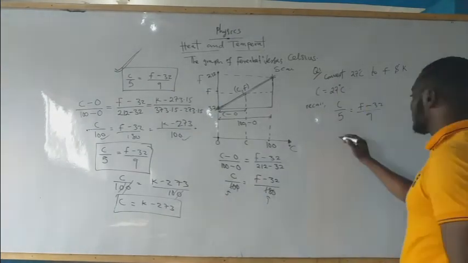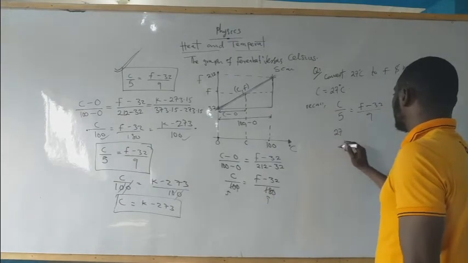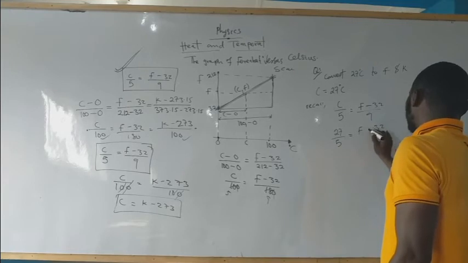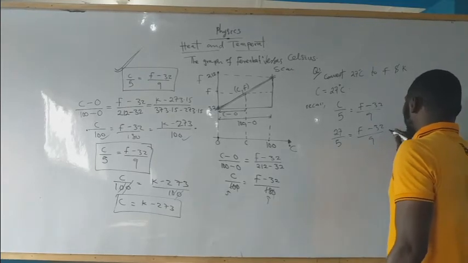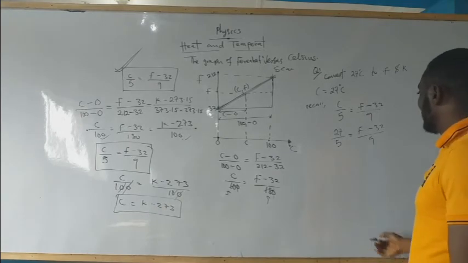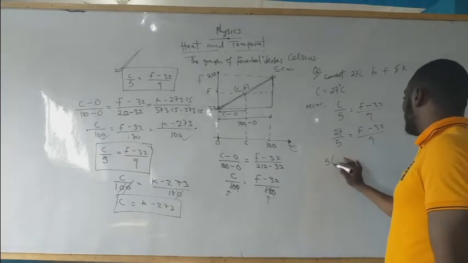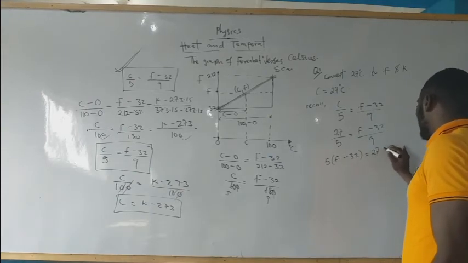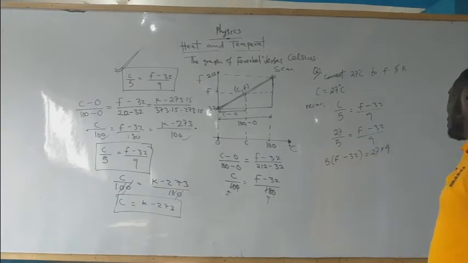What's C? C is 27. 27 upon 5 equals to F minus 32 upon 9. So what will this be? This will be 5 into bracket F minus 32 equals to 27 times 9.